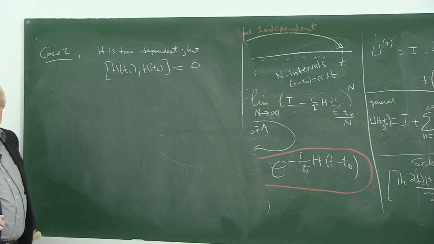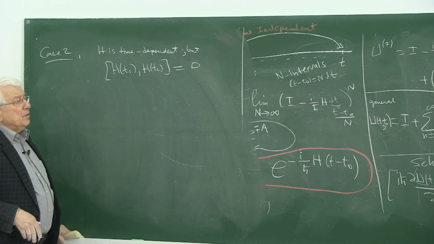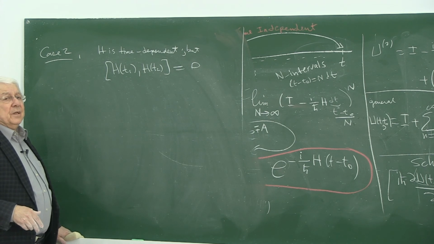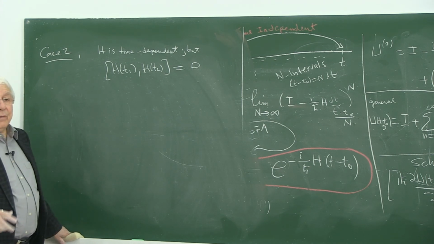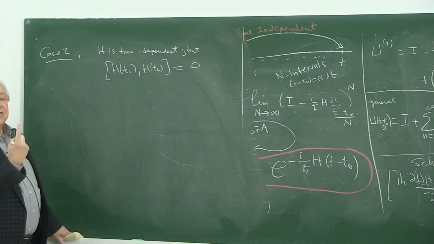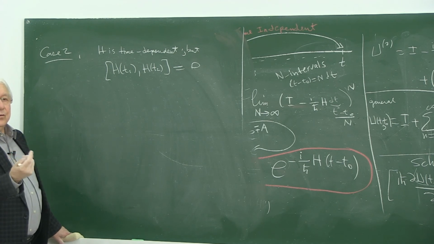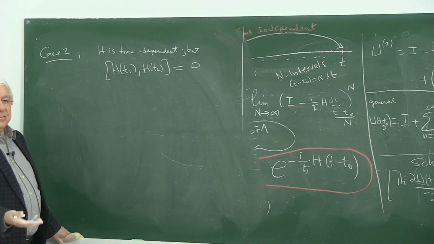I will illustrate. We are going to go through those examples in detail: a spin 1/2 in an external magnetic field whose direction is the same, but its strength is changing. So you have a special set of magnets so that the strength is increasing or decreasing.